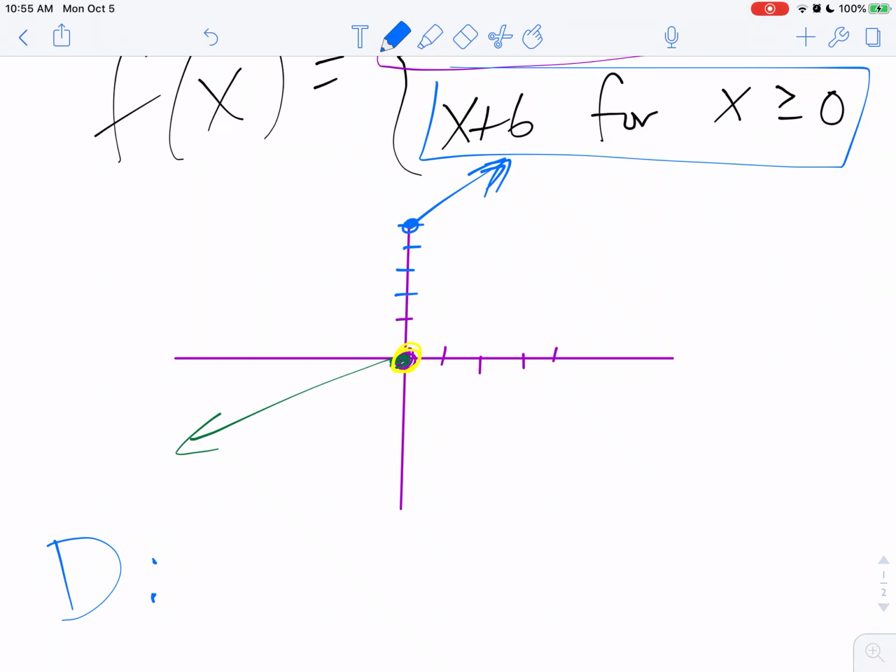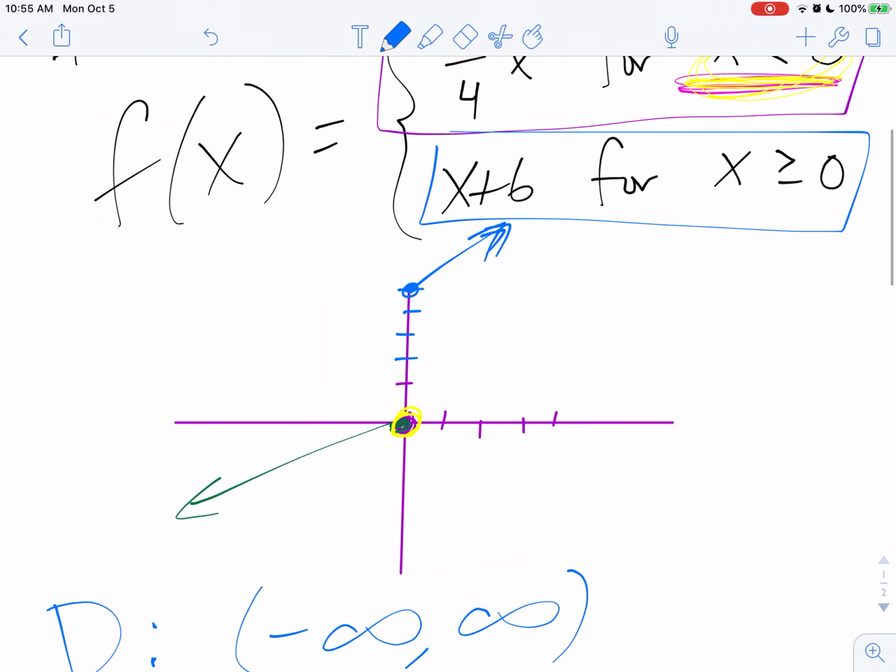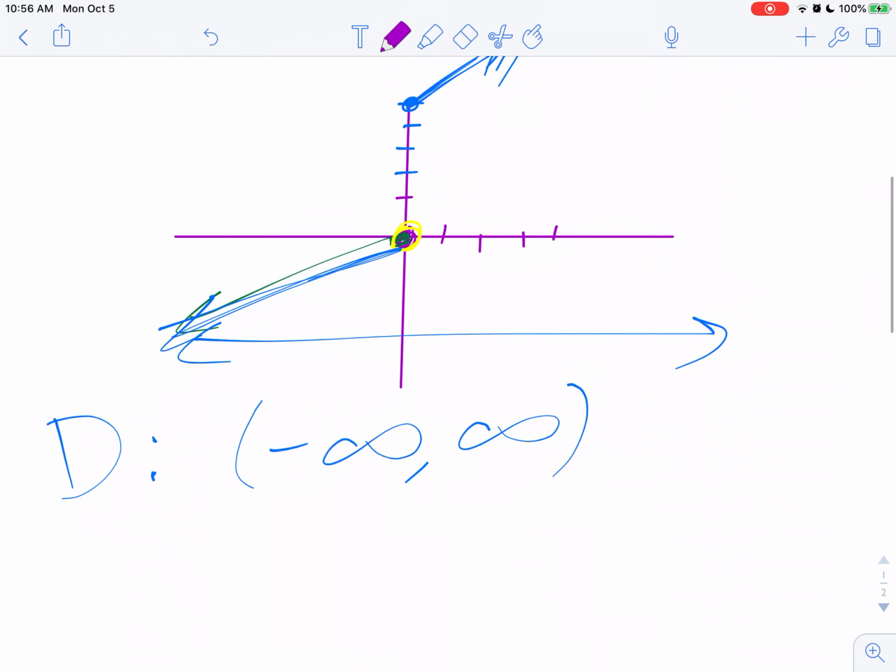Which basically in interval notation looks like this, because any x value is being graphed, okay? Remember, domain is your x-axis, so just think about left to right. We're graphing everything less than 0, and then it jumps up here, and we're graphing everything bigger than 0. So all of our x values are taken care of.